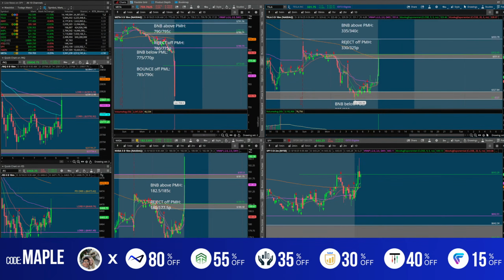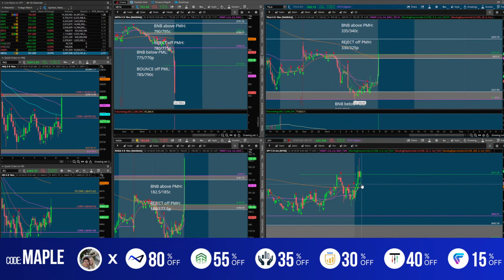Look at that. Beautiful 2-minute EMA pullback. Let's go higher now. Look at that. Same thing on ES. Nothing you doing, nothing you doing, nothing you doing.